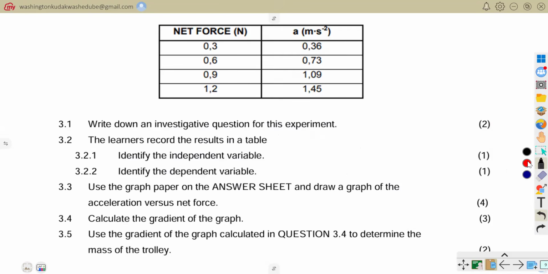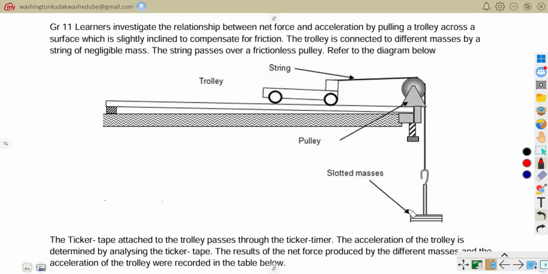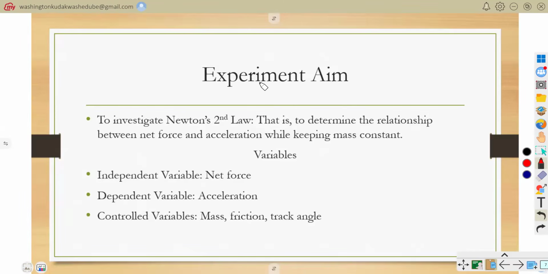So the aim of this investigation, as we have said before, is to investigate Newton's second law. How do we investigate Newton's second law? This is through determining the relationship between the net force and the acceleration while keeping the mass constant.